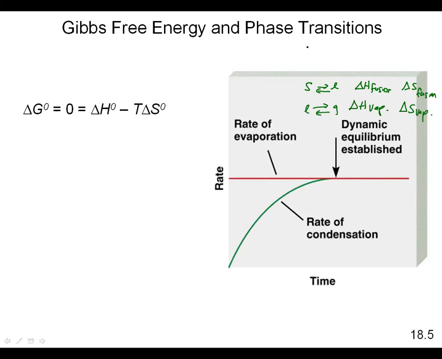Now, just like normal, depending on which way you're going, if you're going from solid to liquid, the delta H is going to be a positive number. And if you're going the opposite way, the delta H would be a negative number. And that relationship is sort of what we see as we go from solid to liquid.